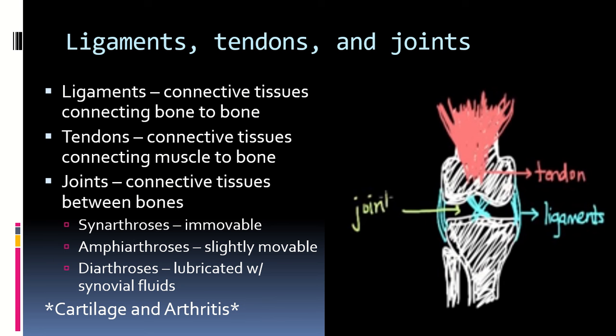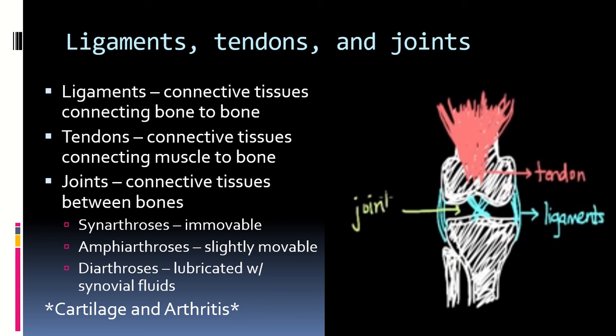Now, tendons, these are the connective tissues that connect a muscle to a bone. These are what will help if the muscle tightens, that will pull on the tendon, which will then pull on the bone to allow you to move your arms and legs. So ligaments connect bone to bone, but on the outside surface of the bones, whereas tendons connect muscle to bone.